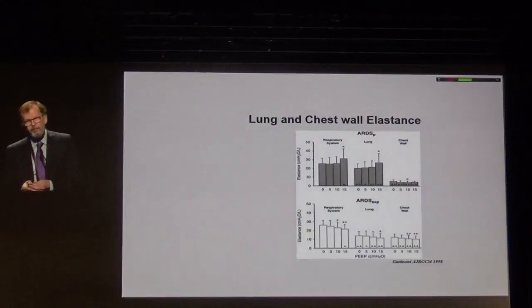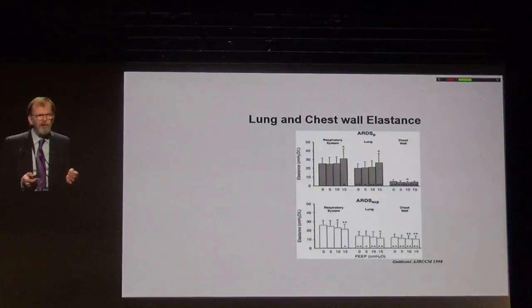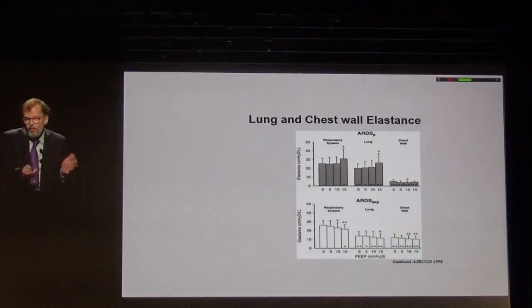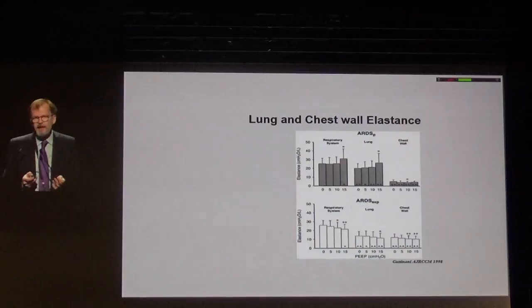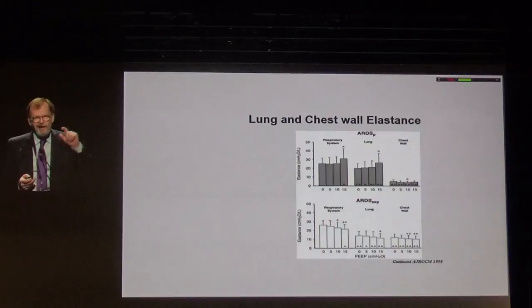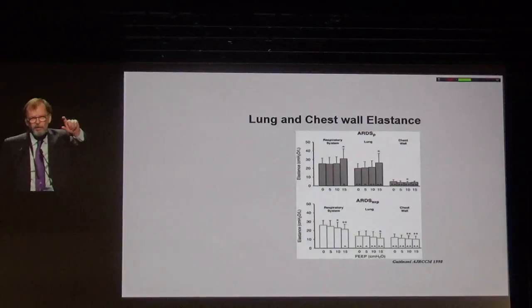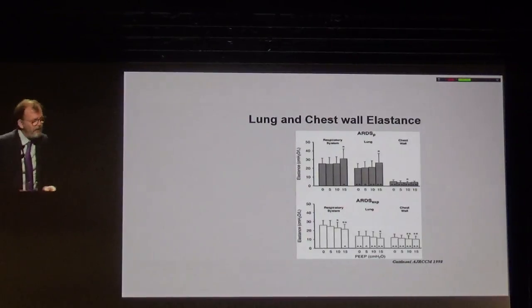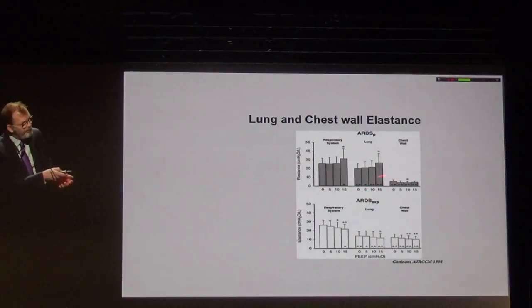However, as we heard from Antonio, some people say, well, we don't believe so much in the absolute value. I think they're wrong for the reason I explained, but they say maybe we should use the ratio of the elastance. Ratio of elastance means, from the first drawing I showed you, how much of the airway plateau pressure is simply due to the lung and not due to the chest wall. And this was based on the fact that some patients have a very small part of the chest wall explaining the total elastance.